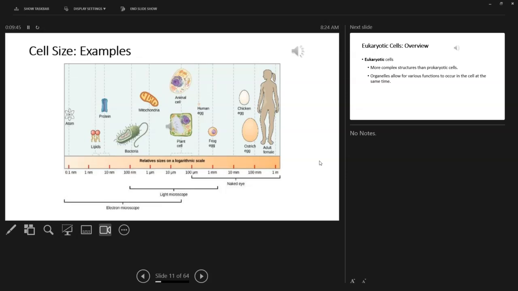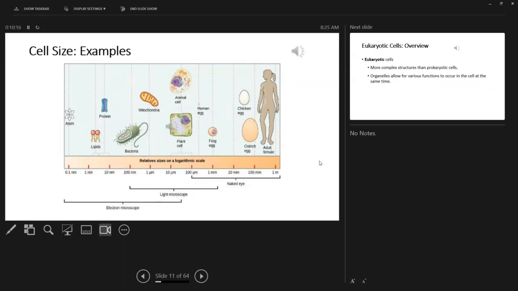And this tells us here that you can see with a naked eye down to about 100 microns, and then a light microscope is good for 1 millimeter down to 100 nanometers, and then an electron microscope, which is much higher magnification, is better for smaller things. Even molecules can be seen with an electron microscope.